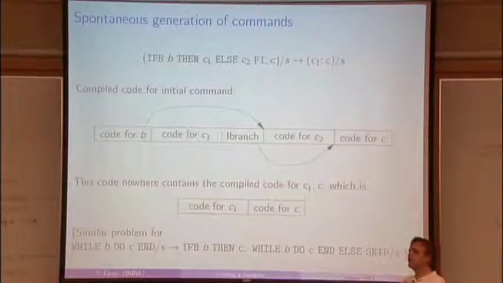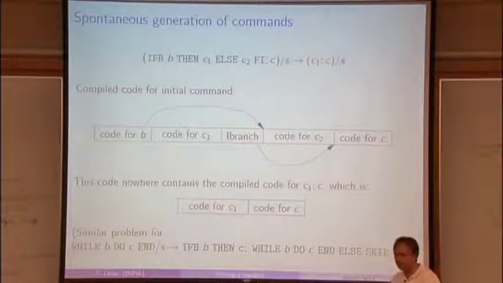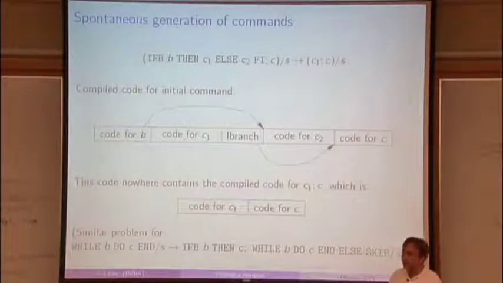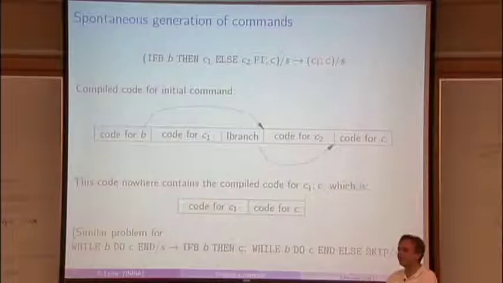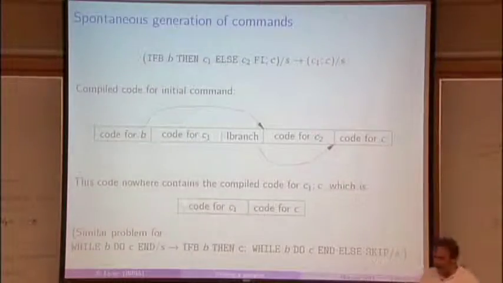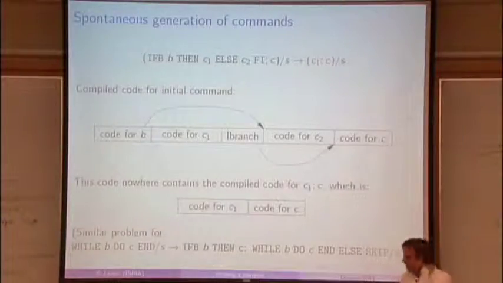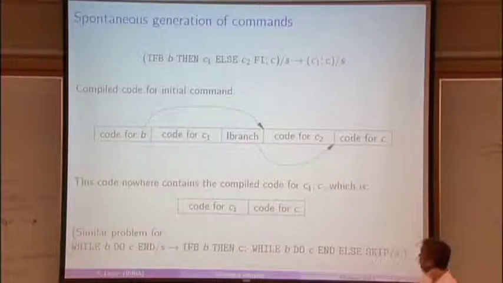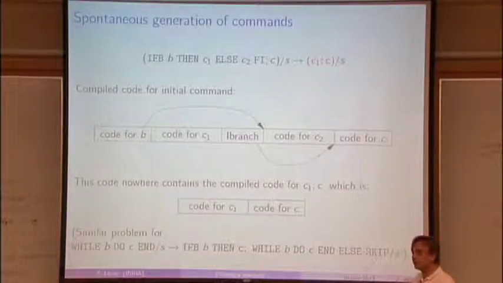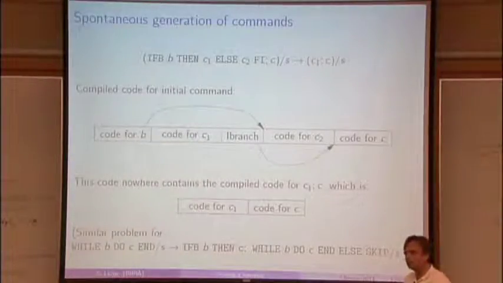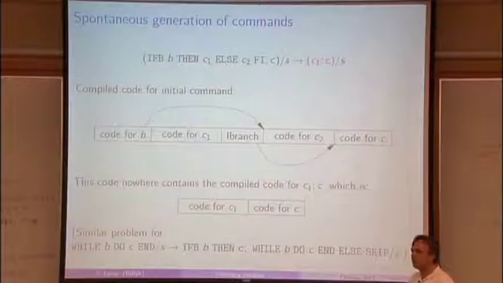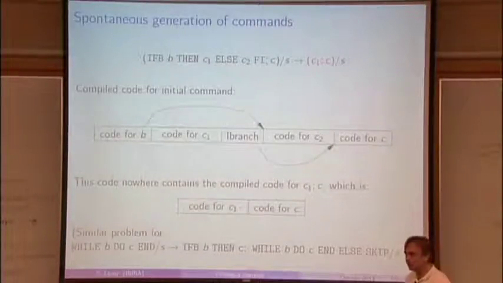So you know the spontaneous generation theory? That's a medieval theory that says that flies spontaneously generate from excrement or that kind of thing, okay? And here, in those reduction semantics, during reduction, there appear terms that were not in your original program, and terms that the compiler never saw, so terms for which the compiler didn't generate any code.